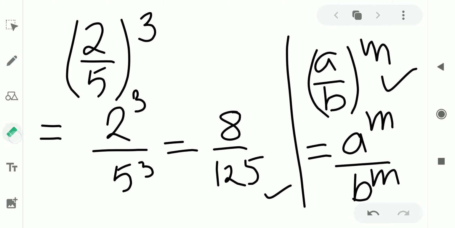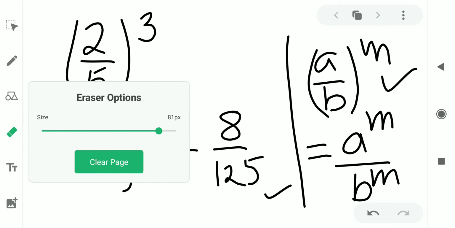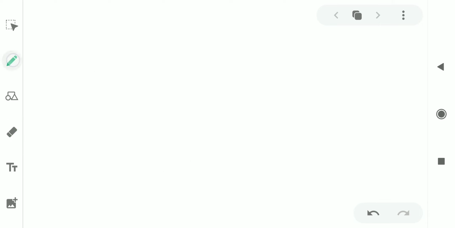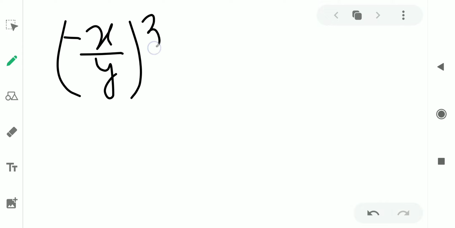Okay, so now one more example based on such a formula. Like if I say the question is (minus x by y) whole cube. Now you may say, sir, there are no numbers now. It doesn't matter whether you have numbers or variables.